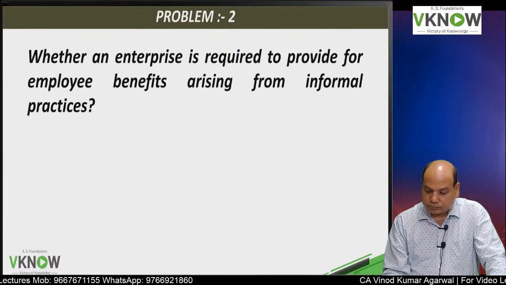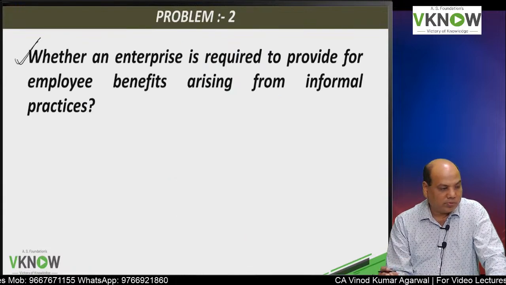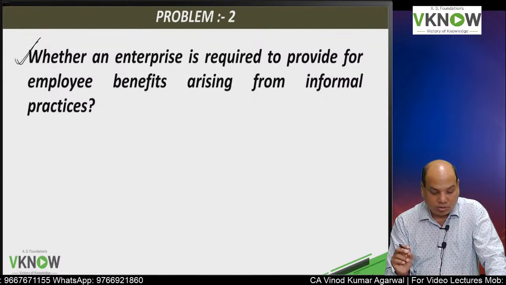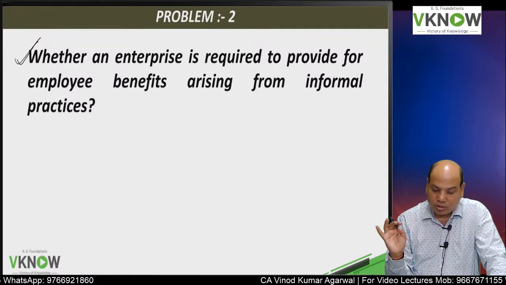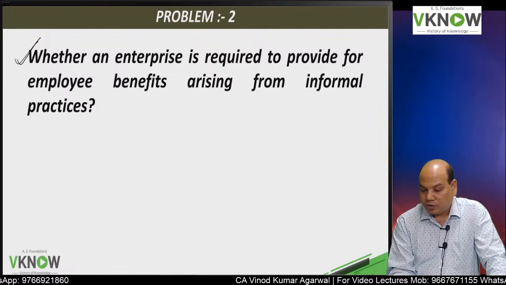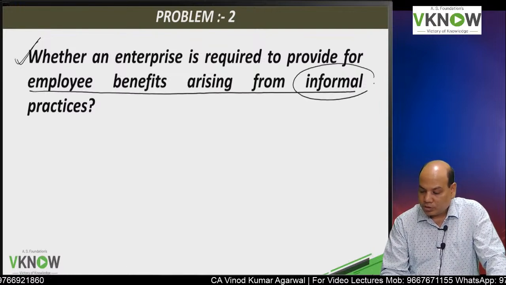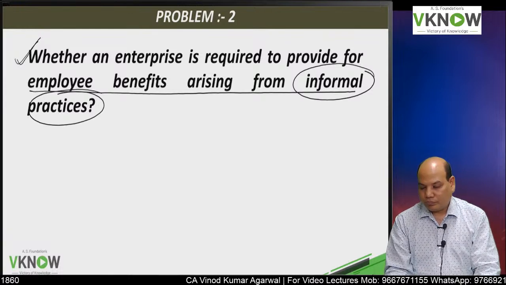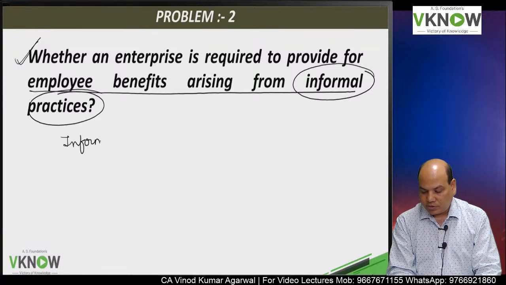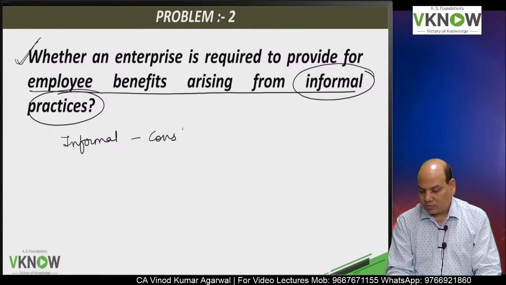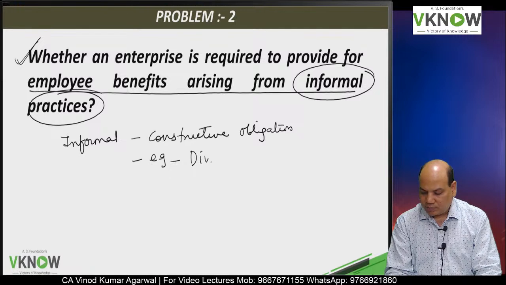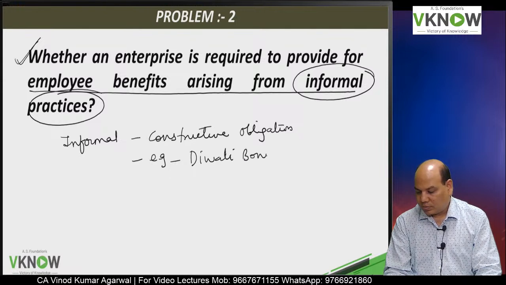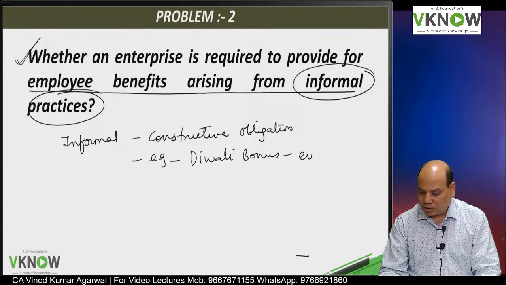Is it right? Today you do one more small homework which I have just now explained. The institute answer is written in detail. You can read it at your own convenient time. Whether an enterprise is required to provide for employee benefits arising from informal practices. Informal practices means constructive obligation. Okay, companies, for example, pay Diwali bonus every year, and it becomes a constructive obligation.